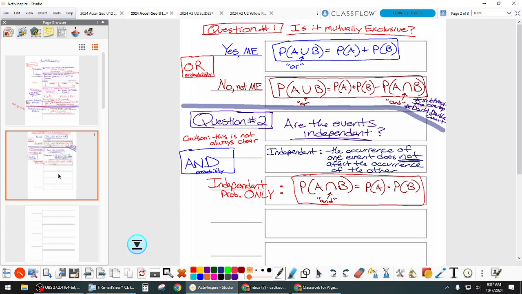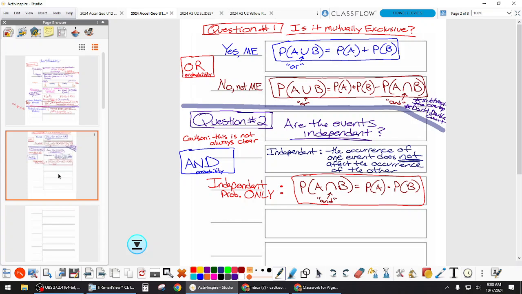So first of all, what is the big difference between or probability versus and probability? Or probability increases, and probability decreases. Okay, good. There's also an operational difference.